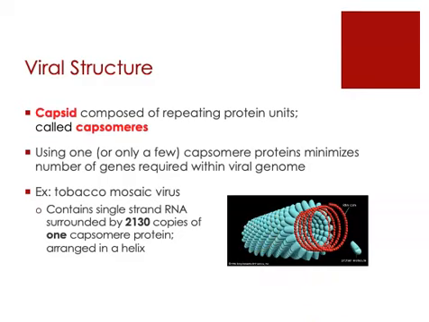The tobacco mosaic virus happens to use RNA as its genetic material, and it happens to use one strand of RNA. So this red helical structure is a single strand of RNA that is found in the center of that virus.